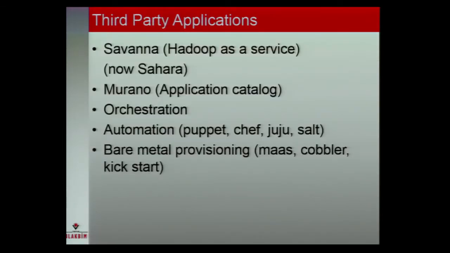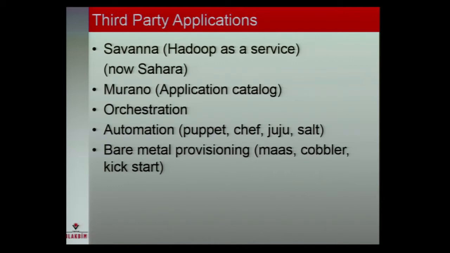There are also some third-party applications you can use with OpenStack. One of them is Savanna, which is now called Sahara. This is Hadoop as a service, and you can use it with OpenStack. Murano is an application catalog that's useful mostly for Windows applications. For orchestration and automation, you can use Puppet, Chef, Juju, and SaltStack.